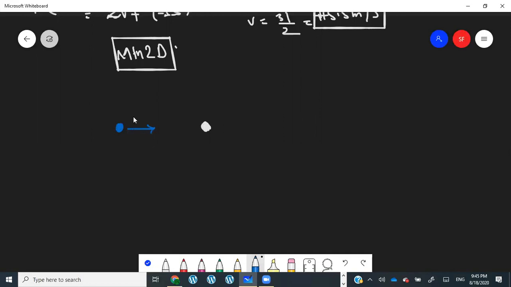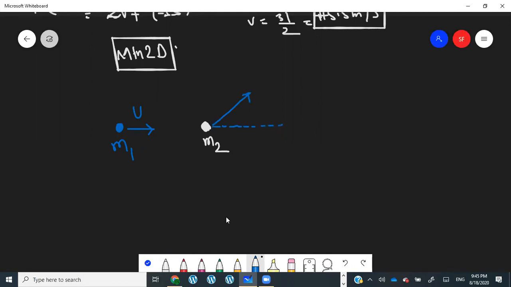The blue body with a mass of m1 and velocity of u1 comes and collides against the white one, which has a mass of m2. The blue body changes its direction and moves upwards at an angle to the horizontal.